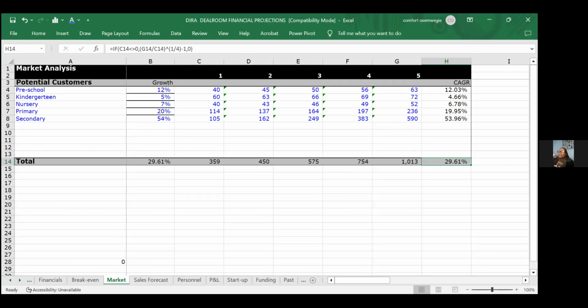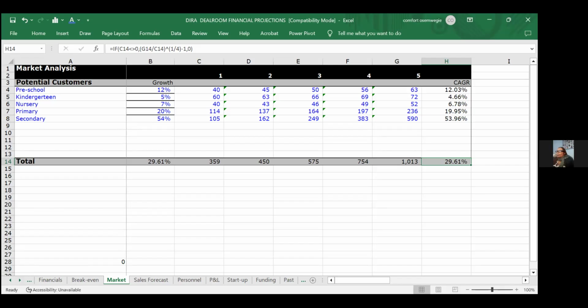So this is for a school. Your own potential customers will be different from what we have here, and the units will also be peculiar to each organization. Is this page clear? Do we understand it? Yes, ma.